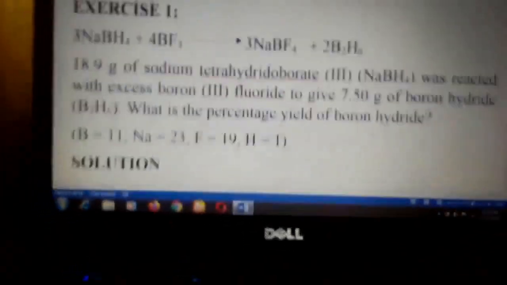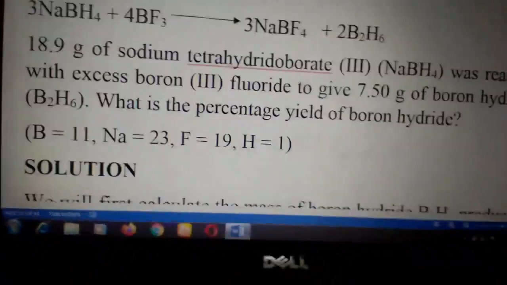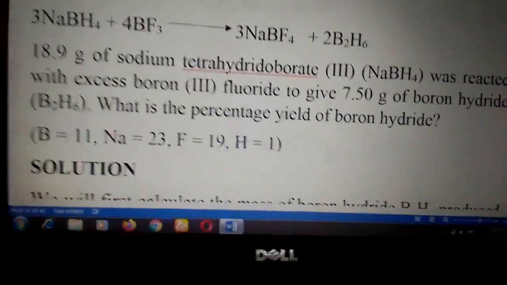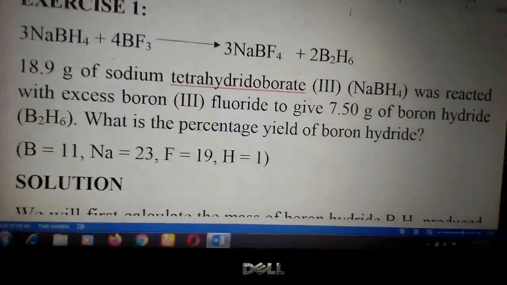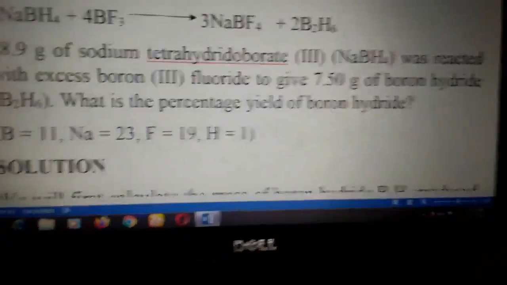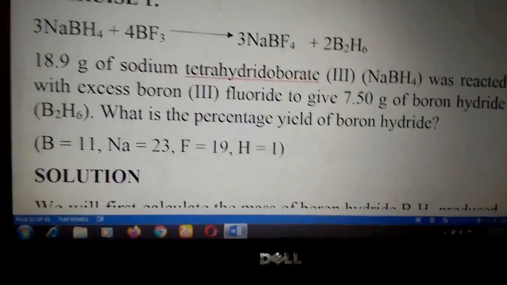So let's look at the question. It says 18.9 grams of sodium tetrahydroborate, NaBH4, was reacted with excess boron trifluoride to give 7.50 grams of boron hydride. What is the percentage yield of boron hydride?